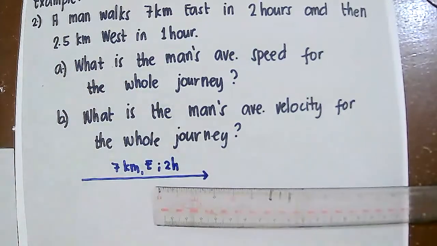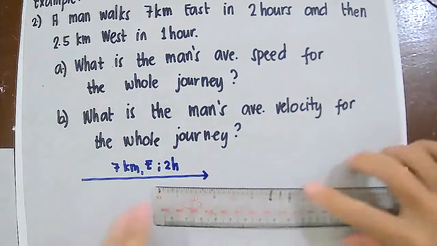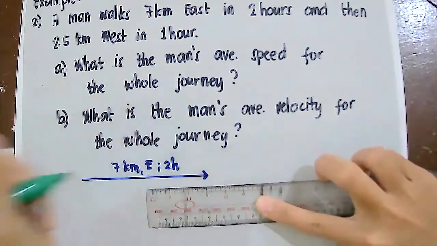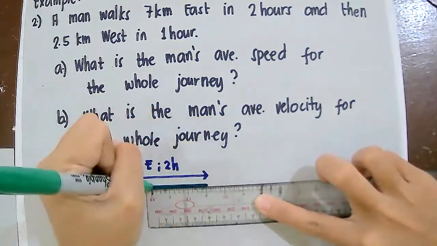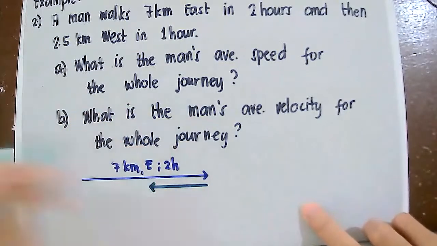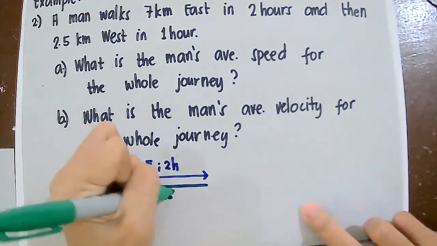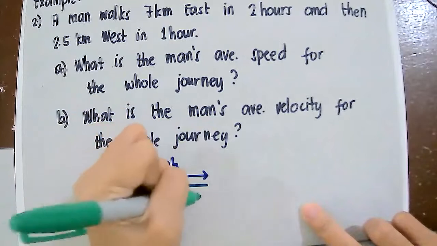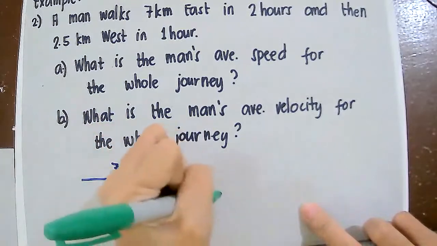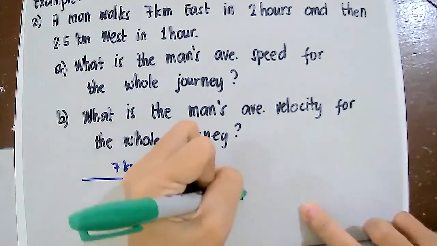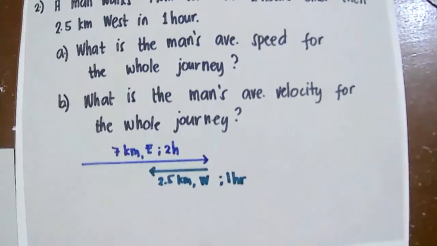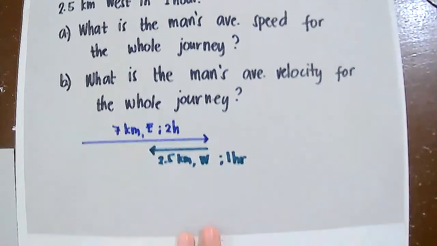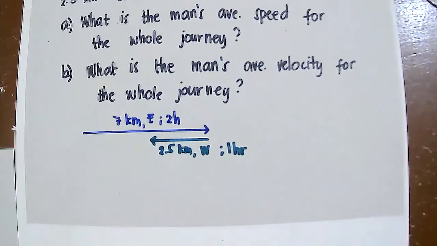Then he went 2.5 kilometers going to the west in 1 hour. So this is 2.5 kilometers west, and it took him an hour. You can see here in the figure the man's journey.